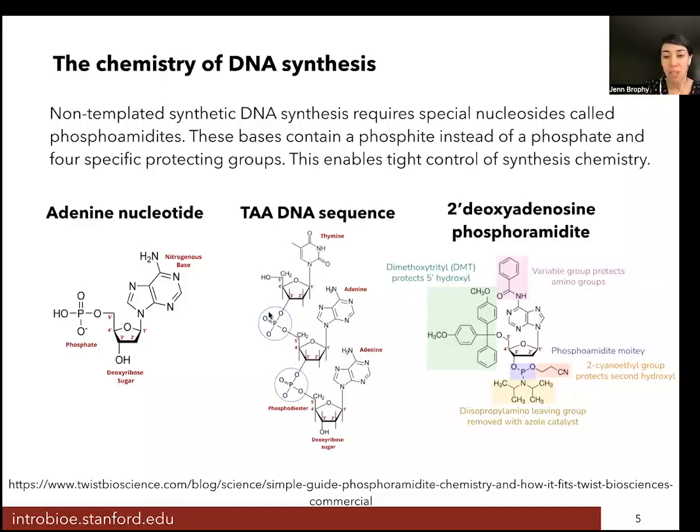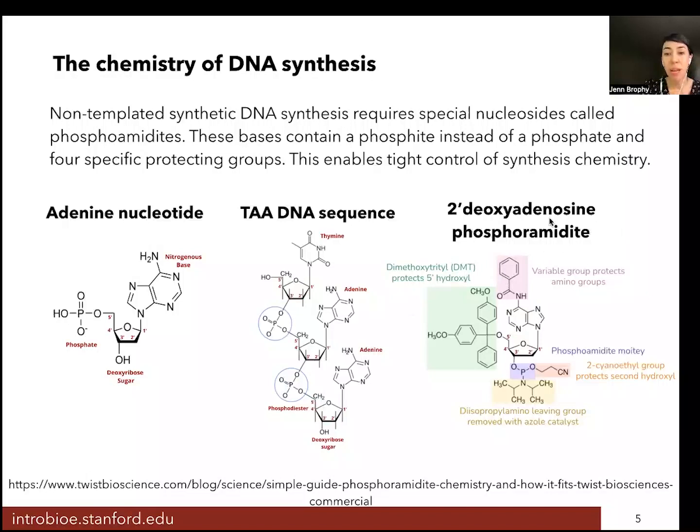So in this sequence, this is a short segment of DNA. You have a thymine, a T, an adenine, an A, and then you have another adenine, this one, for example, attached onto the end. And it's attached again through this phosphate and sugar sort of reaction.